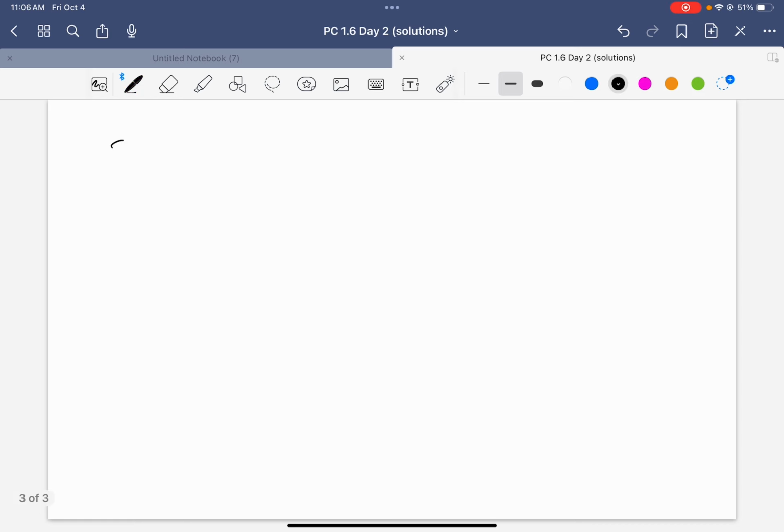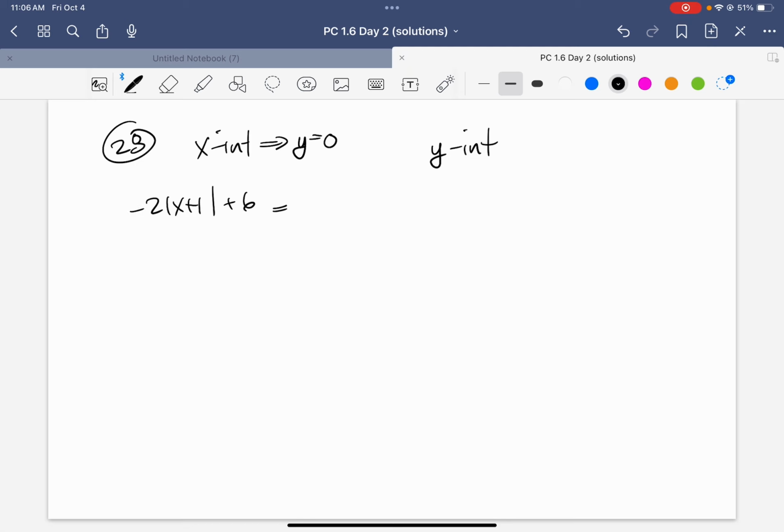If I go on to 28, take the x-intercept and the y-intercept. Again, the x-intercept is where y equals 0, so I set my entire y equal to 0 and solve. So we get -6, but then if I divide by -2, I get a 3.